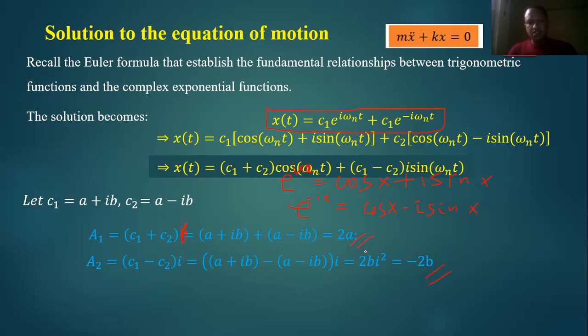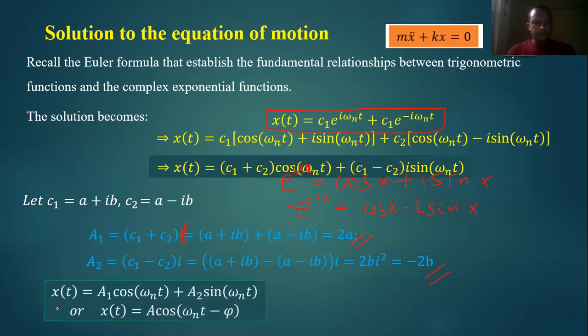So we can implement A1 rather than these two terms. C1 plus C2 is equal to A1, and i times C1 minus C2 is represented with A2.